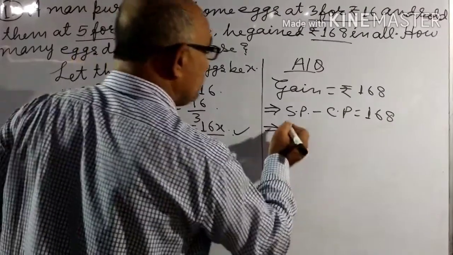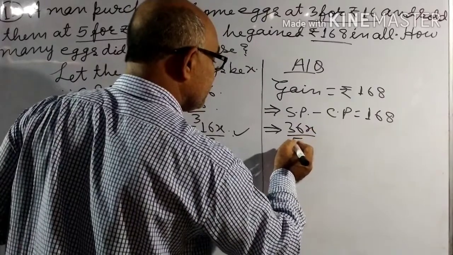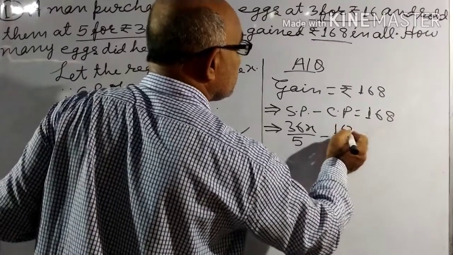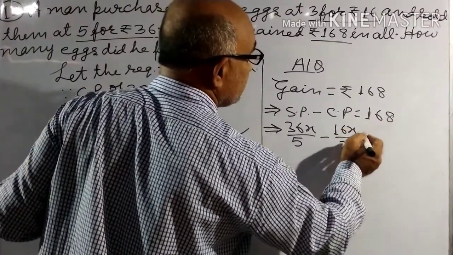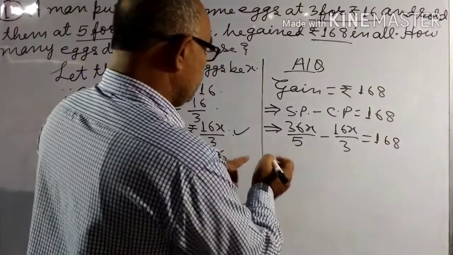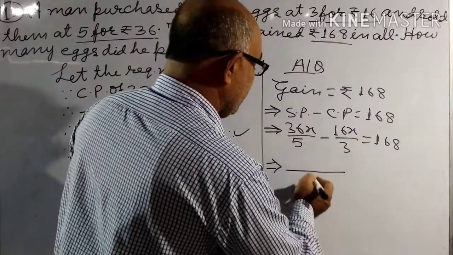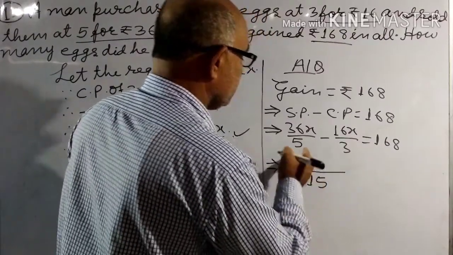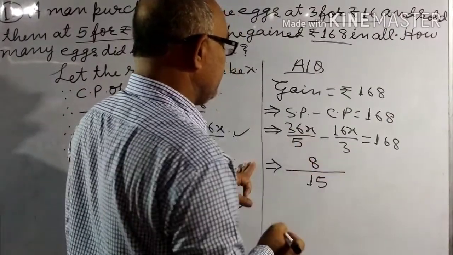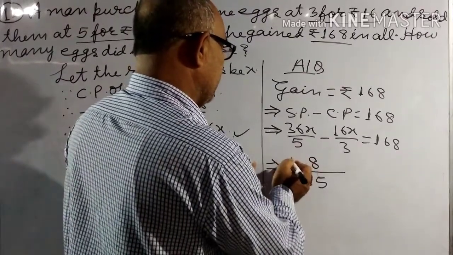That implies 36x by 5 minus 16x by 3 equals 168. Now solve it. LCM of 5 and 3 is 15. 5 threes are 15, 3 sixes are 18.